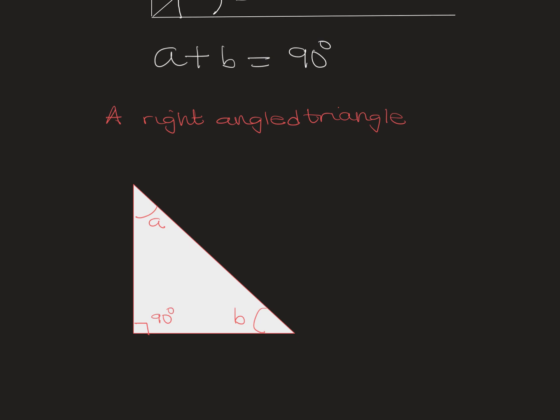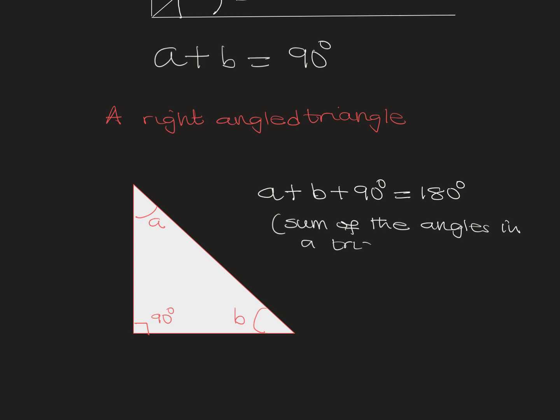One thing you have to understand is for a right angle triangle, the total angle that you have, A plus B plus 90 degrees, must be equal to 180 degrees, because like any other triangle, the sum of the angles in a triangle must be equal to 180 degrees.